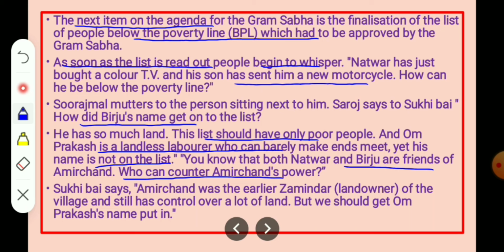Sukhibai says Amir Chand was the earlier zamindar, landowner of the village, and still has control over a lot of land, but he would get Om Prakash's name put in. So here Sukhibai says that Amir Chand was the earlier zamindar, that's why he still has power in the village, but we should get Om Prakash's name put in. They were saying that Om Prakash's name should be there in the BPL list because he deserves it.